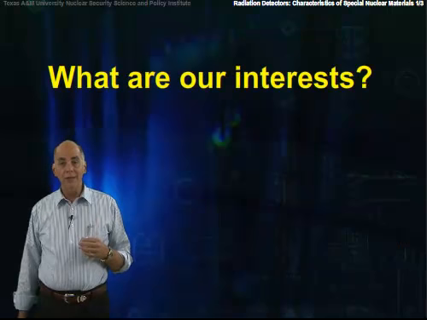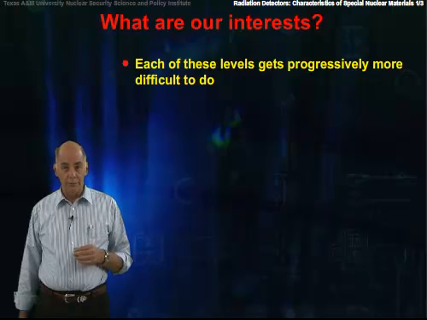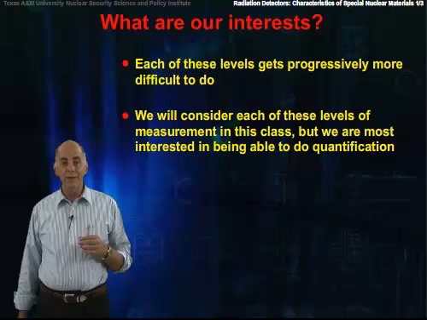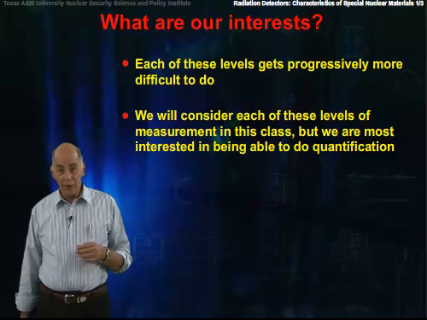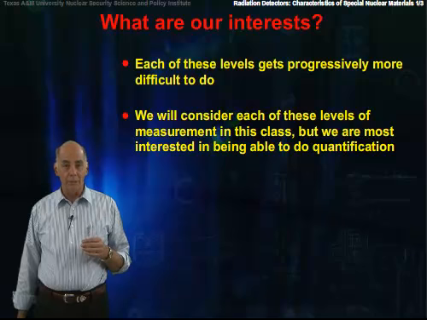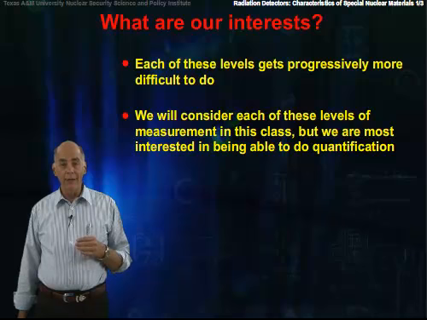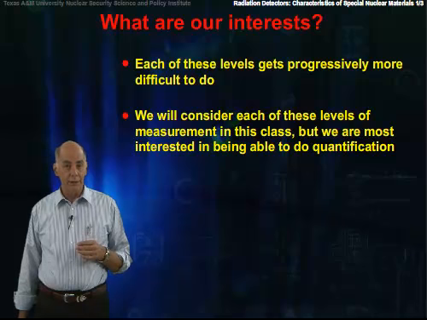Depending on our interest, each of these tasks gets progressively more difficult to do. We'll consider each of these measurement tasks in this class, but we are most interested in the last one, being able to quantify the amount of a radionuclide that's present.